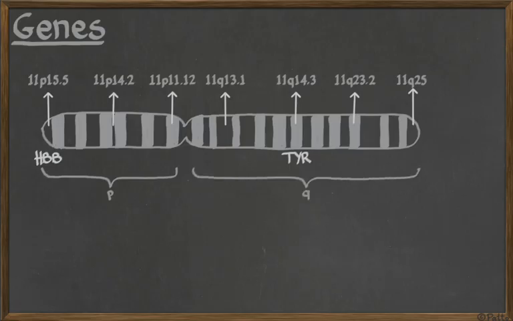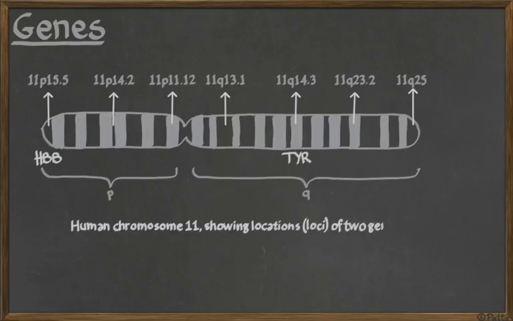Here, as I'm showing the chromosomes, you can already see a P and a Q. Those are the arms of chromosomes. When we see chromosomes later, you're going to see that you have a small arm and a long arm, the P and the Q. But let's not focus on this right now. Human chromosomes like chromosome 11 have some loci of genes, some places of genes.